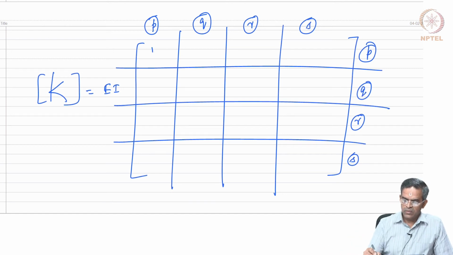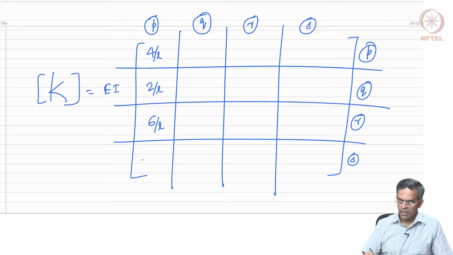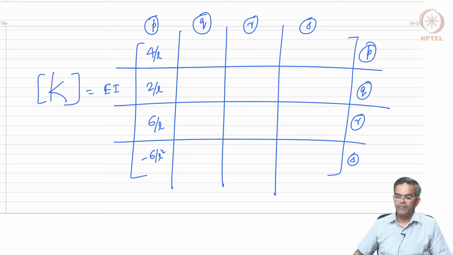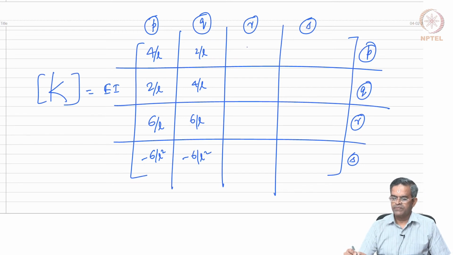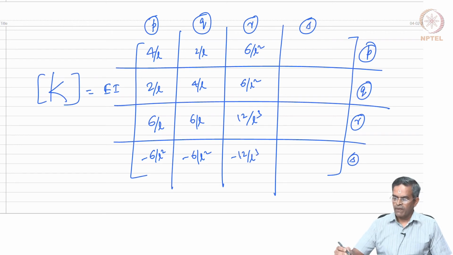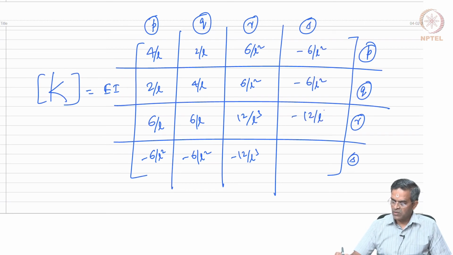We know this is 4, 2, 6 by L, minus 6 by L square; 2, 4, 6 by L, minus 6 by L square; 6 by L square, 6 by L square, 12 by L cube, minus 12 by L cube; minus 6 by L square, minus 6 by L square, minus 12 by L cube, plus 12 by L cube.